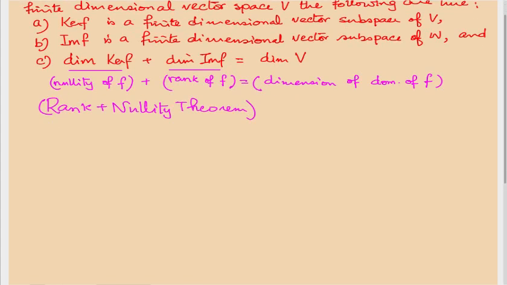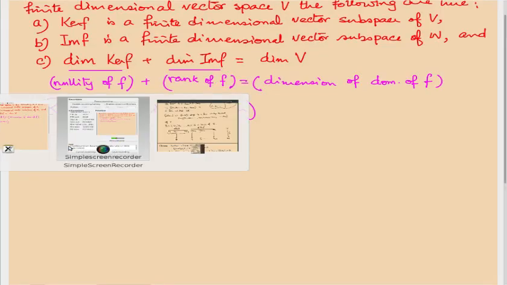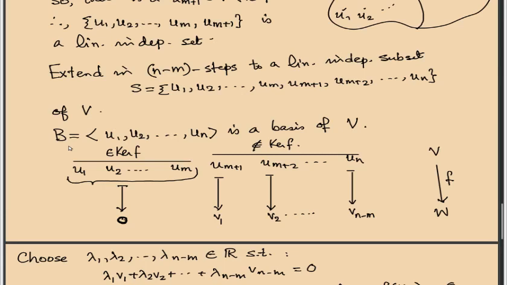Another fact about kernels, which is quite interesting, is the following: obviously, if my linear transformation F is 1-to-1, then only the zero vector, no non-zero vector, can be taken to 0.